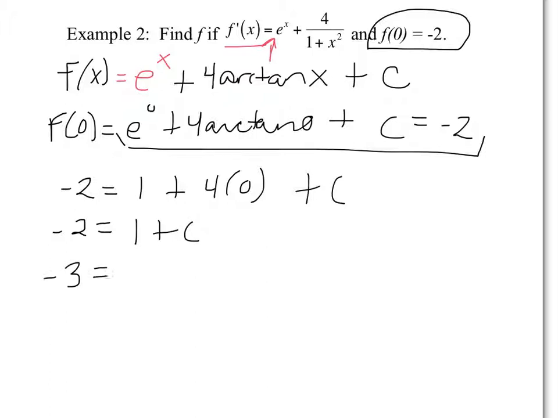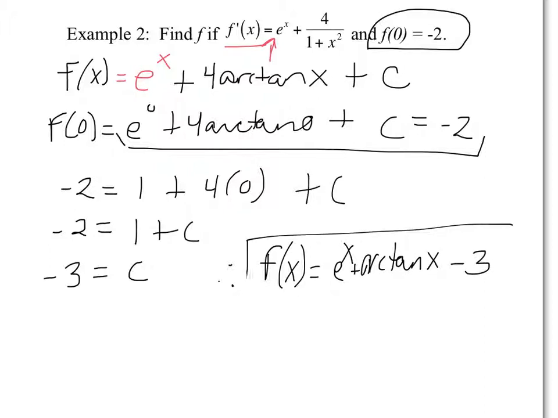So negative 3 equals c. If negative 3 equals c, our final antiderivative would be f of x equal to e to the x plus 4 arctangent x minus 3. And this time we don't have a plus c because we could actually solve and find the c.